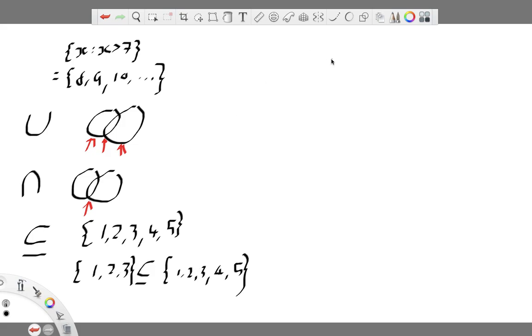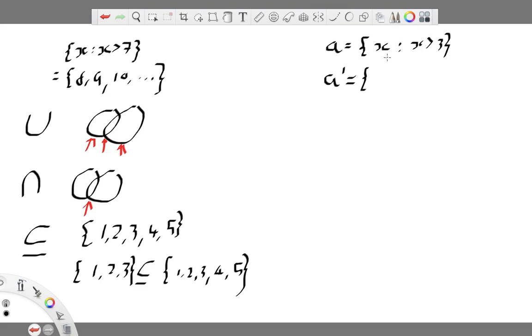And then the last thing we looked at was the symbol complement. So if we had the set A, and that was X such that X was greater than 3, sorry. Then if we took the complement of that, so complement was the dash, then it would be everything that isn't in this set.